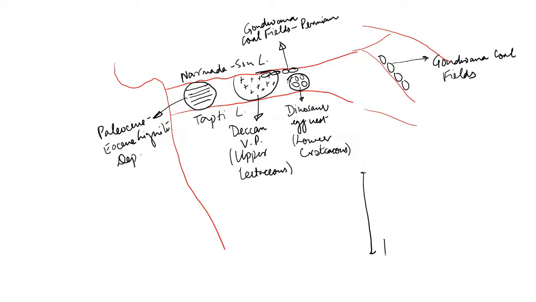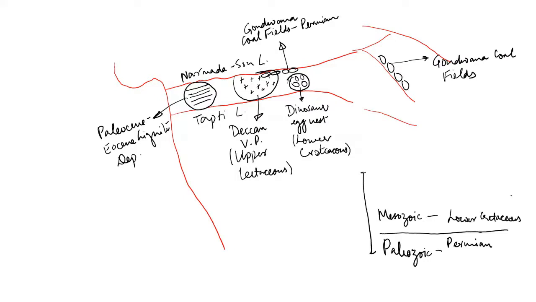So we can see here that roughly the Central Indian tectonic portion has rock formations which are Paleozoic. These are represented by the Gondwana, Permian coal deposits of Gondwana. Then the Mesozoic has the lower Cretaceous deposits represented by the dinosaur fossils and egg nest, and it has the upper Cretaceous in form of Deccan volcanic rocks, Deccan volcanic province.